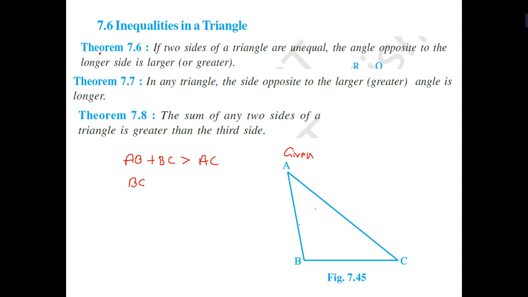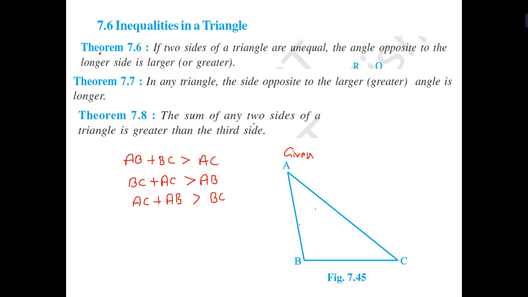BC plus AC is always greater than AB, and AC plus AB is greater than BC. That is theorem 7.8.